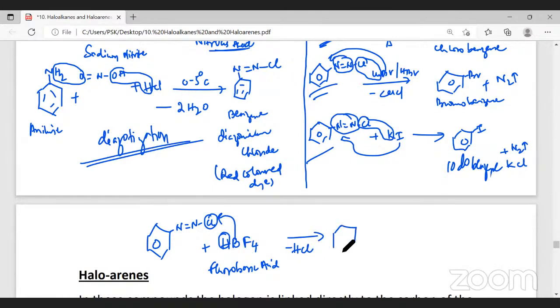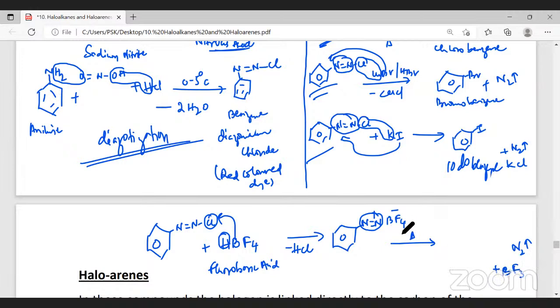In place of chlorine, BF4 goes. Therefore, you have a benzene ring, you have double bond N, and this is positive in character because chlorine moves away and you get BF4 minus. It's an ionic bond. This, when we heat, the two nitrogens get eliminated as N2 gas. From boron tetrafluoride, boron trifluoride gets eliminated.